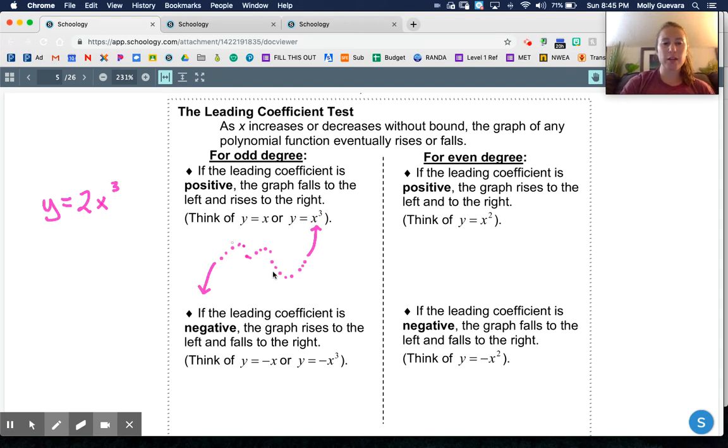But it doesn't matter what's going on inside. Every single time, it's going to fall to the left and rise to the right. So I like to think of x cubed, right? We know what x cubed looks like. There's x cubed. If I take out the middle, the end behavior is falling to the left and rising to the right.